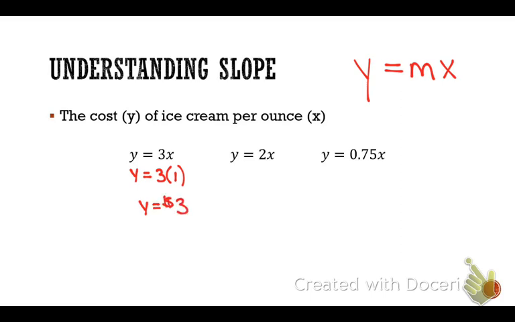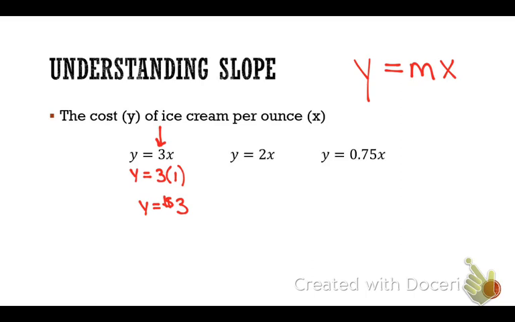Do you see what we did there? I want 1 ounce of ice cream. It's going to be $3. So what does this tell me? This tells me that this number right here is my cost per ounce. So what if, according to this equation, I go up to the cashier and I say, I'd like to purchase 2 ounces of vanilla ice cream?